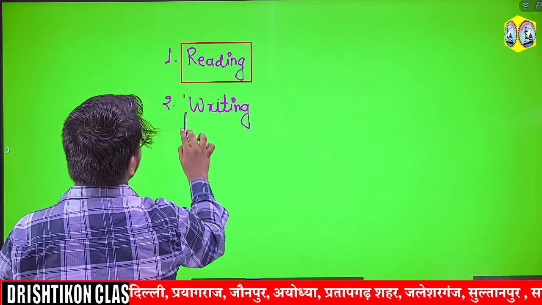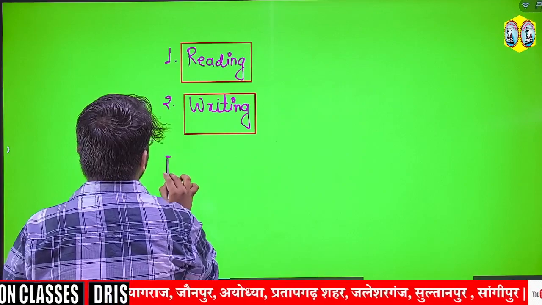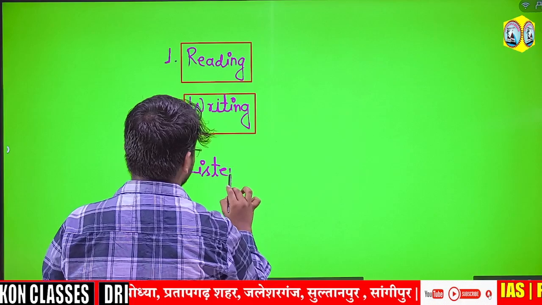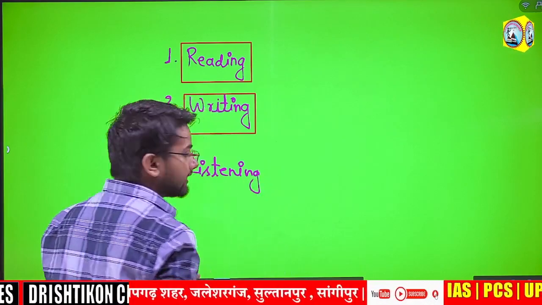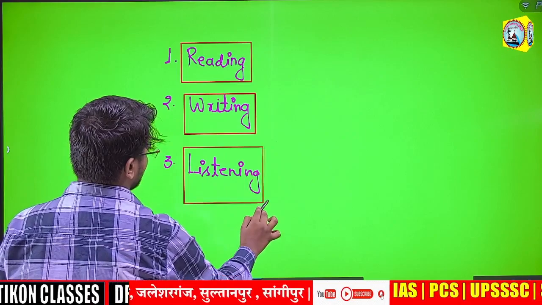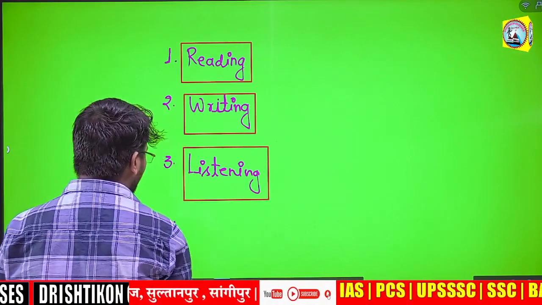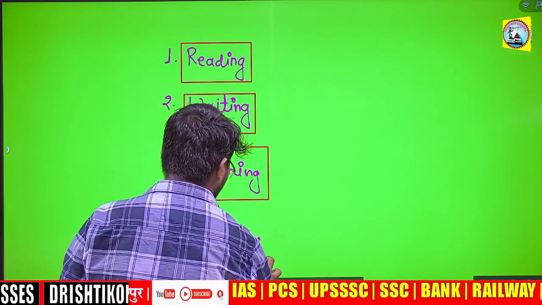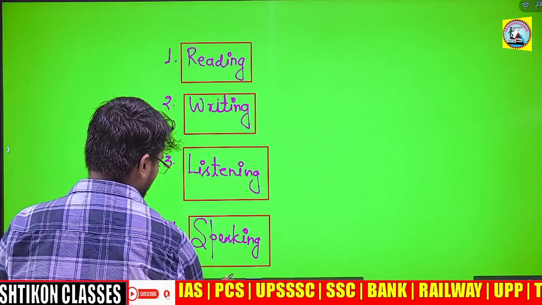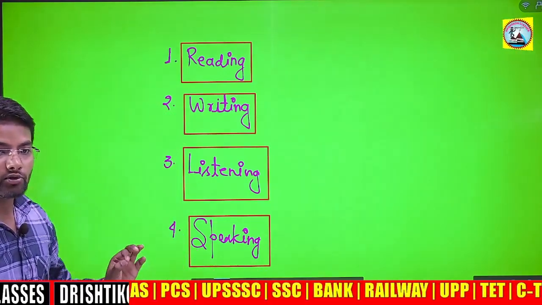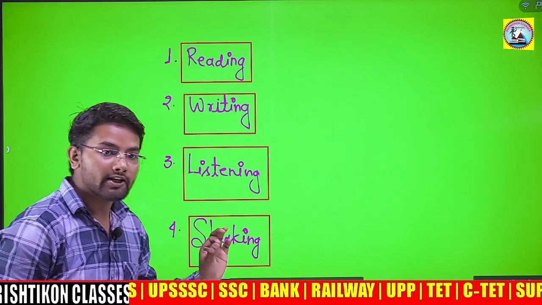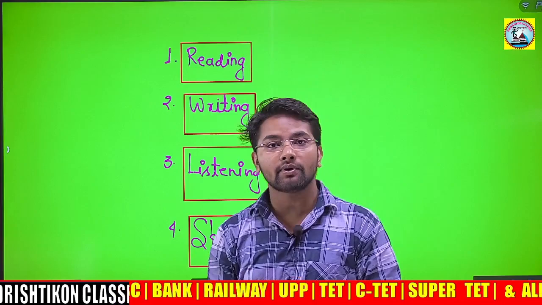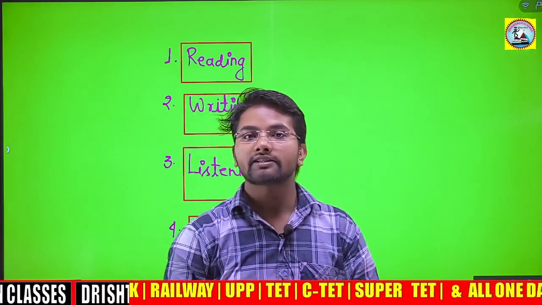The third one is listening. And the fourth and the most important is speaking. These are the four important ways. If you follow them, you can learn any language and you will be able to speak English fluently, as well as other languages.